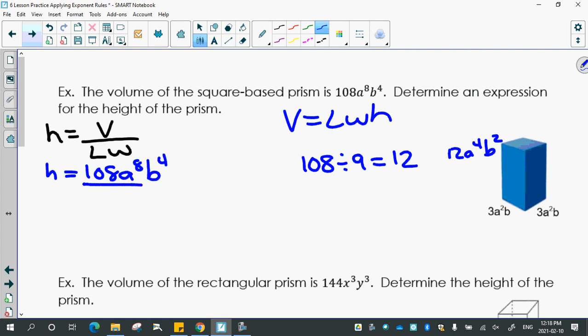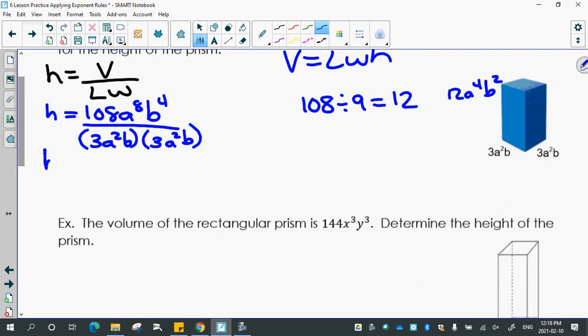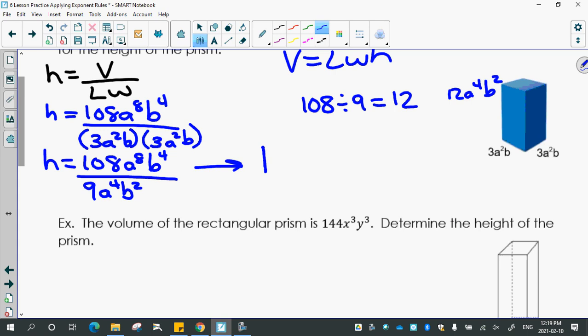Don't just write the answer down. And then this way of thinking, which I saw as well: you have to remember that you have to simplify the bottom first before you divide. So 3 times 3 is 9, a to the 4th b squared, and now it becomes a dividing question. 108 divided by 9 is 12.